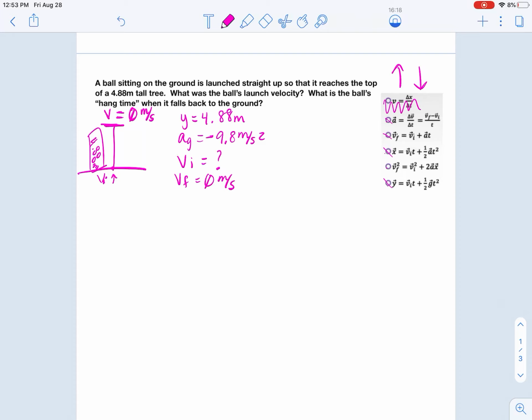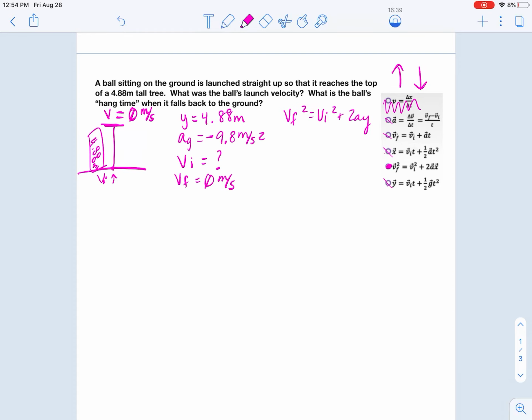So just based off of that, I can quickly determine that this equation is the formula for me to use. So VF squared equals VI squared plus 2AY. And so I am going to substitute, actually this time I'm going to do my algebra first, okay?